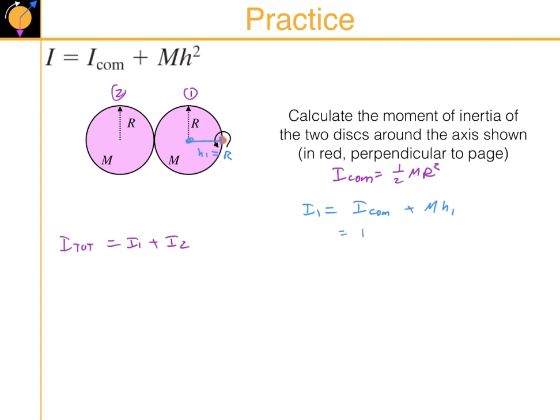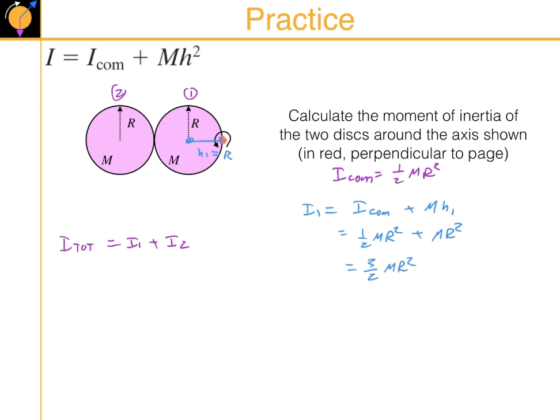So it's 1/2 m r squared plus m r squared, and when you factor and simplify, you end up with 3/2 m r squared.